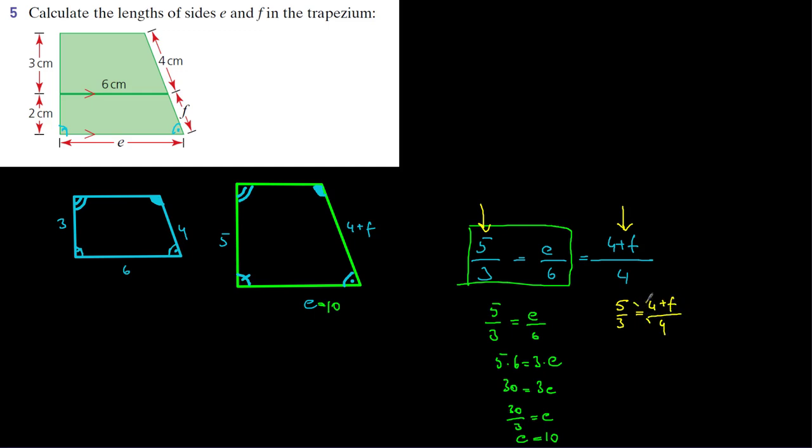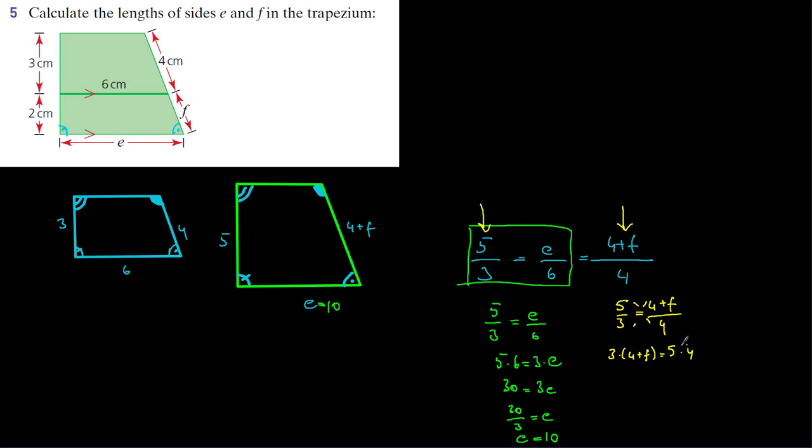If we cross multiply again, 5 times 4 is equal to 3 times 4 plus F, or I can carry it to the other side: 3 times 4 plus F is equal to 5 times 4.